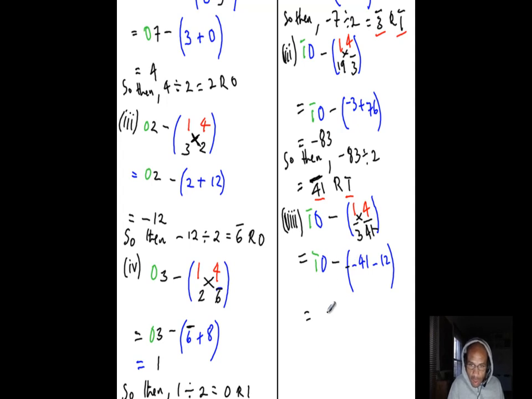So it's 53 take away 10 is essentially just 43 now. 43. So then we have 43 divided by 2, which is equal to 21 remainder 1.